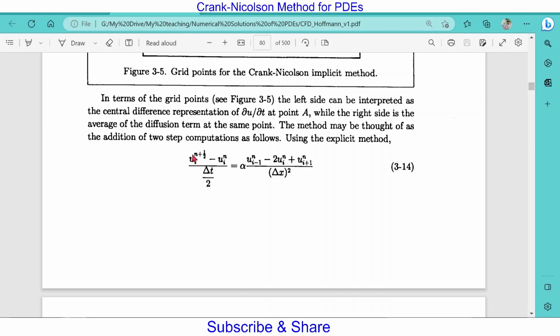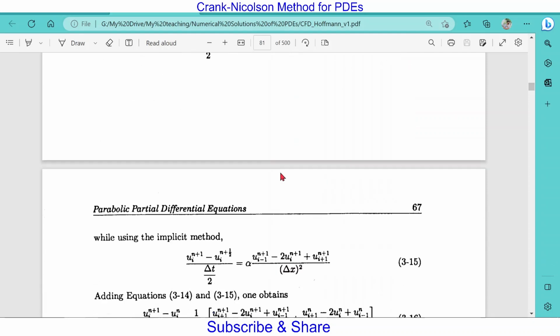With step size half in time, we take the forward difference here, but on the right hand side it's just the central difference of the second derivative with respect to space, and then we again take the next half step, and we apply forward difference, and on the right hand side it's the same.